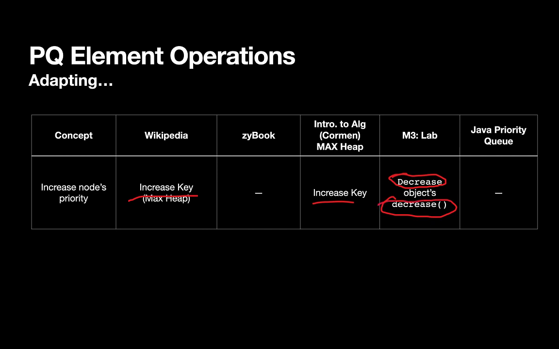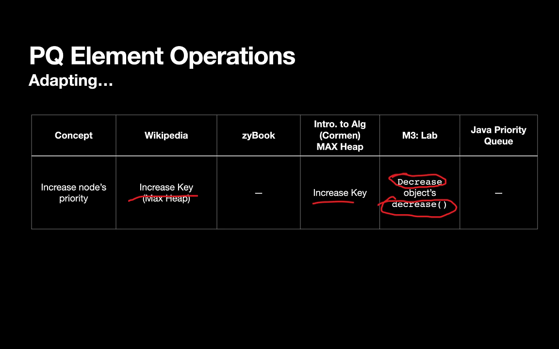So there's the decrease of the heap itself, which is about moving an item up in the heap because it's becoming more important. And there's the ability to actually change the priority of something in the heap, and that is a method called decrease of the decrease object.